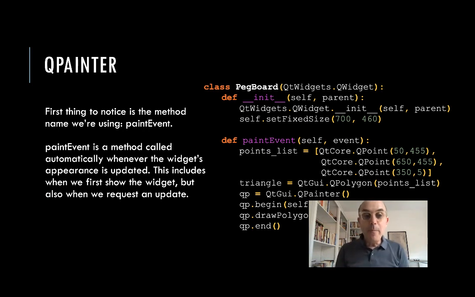So the Cube Painter: the first thing you notice is the method name we are using, paint event. The paint event, in the code on your right, is called wherever the widget appears or is updated. That includes when we first show the widget, but we also request an update.